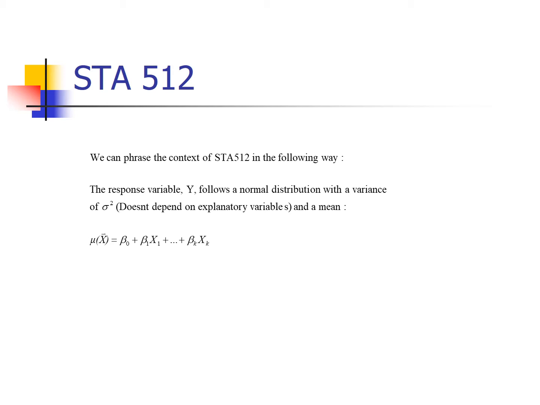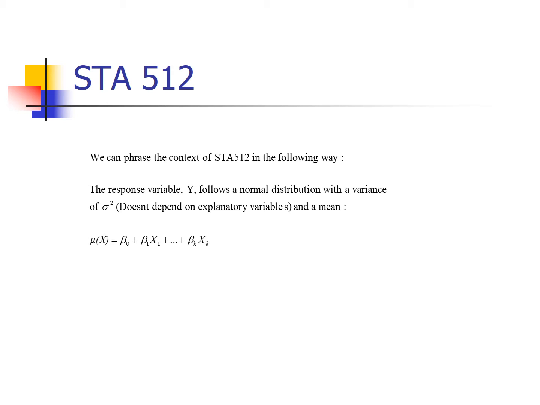So what are we doing? This is a more general way of trying to model some random phenomenon. We look at the random phenomenon itself, y, and we say, what distribution do I think it follows, or what distribution do I want to attempt to model? In 512, we're trying to model a normal distribution. Then you think, for this distribution, what are the different parameters?